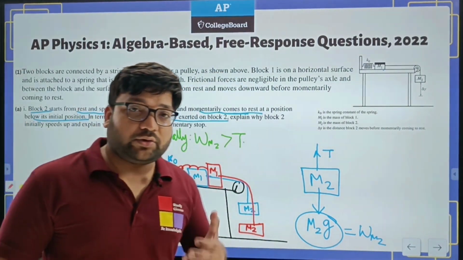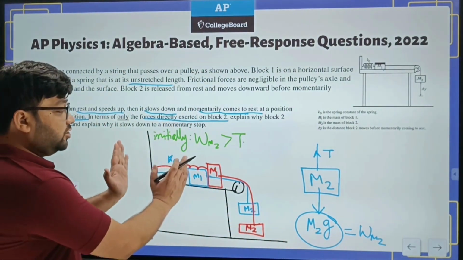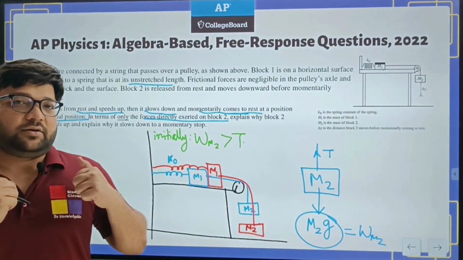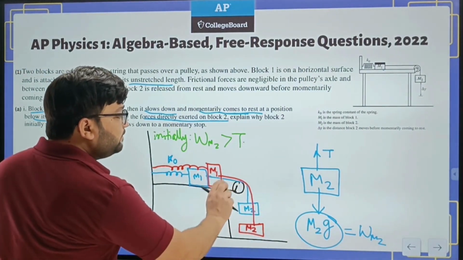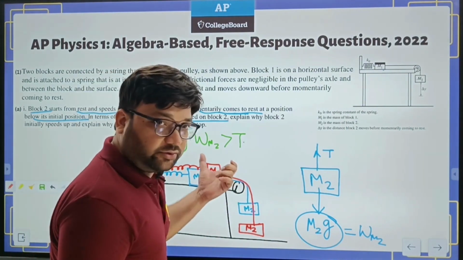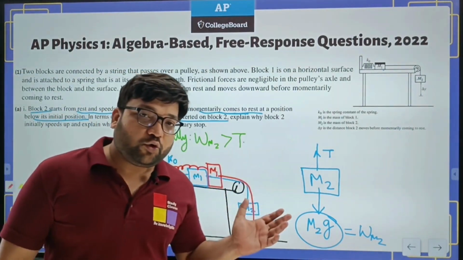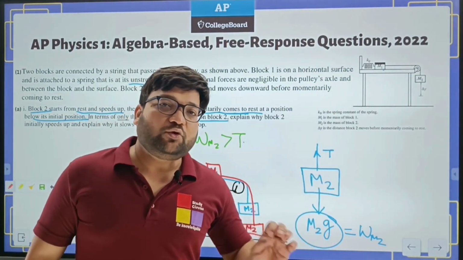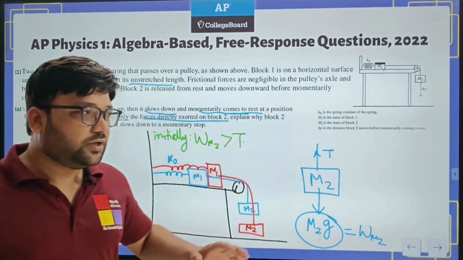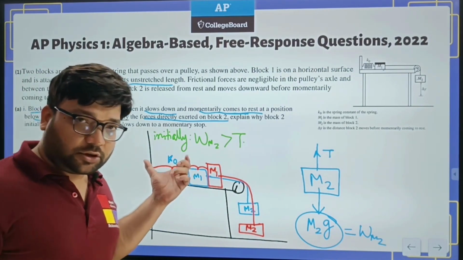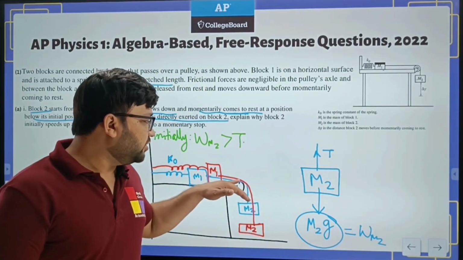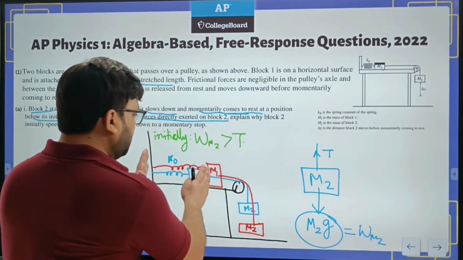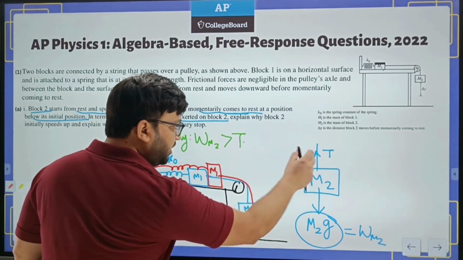That means the spring will now be pulling back, which changes the tension in the spring. But remember, the spring force is not directly applied on M2, so we just have to talk about the tension force. Now the tension in the string will change.